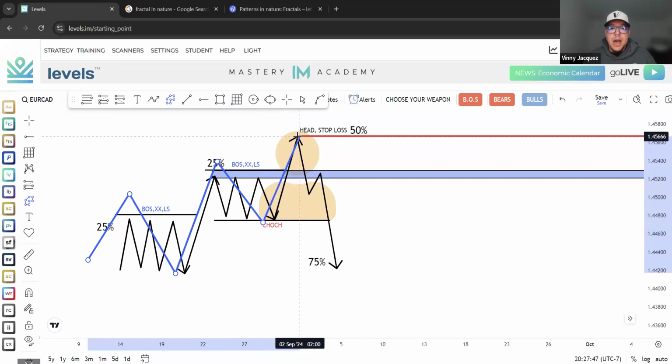Now notice this is the highest tippity top of the point of market structure. Now, as soon as market changes character, if this is the highest point in market structure, this is going to be the head.